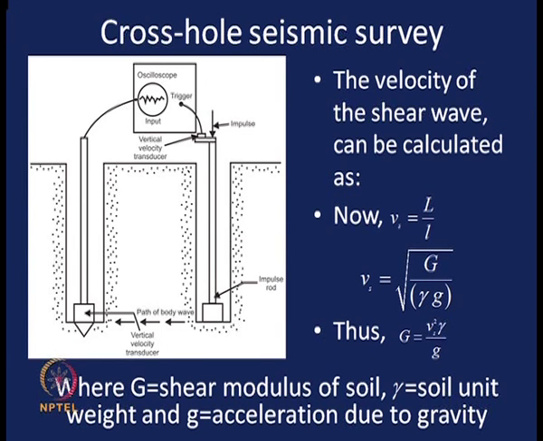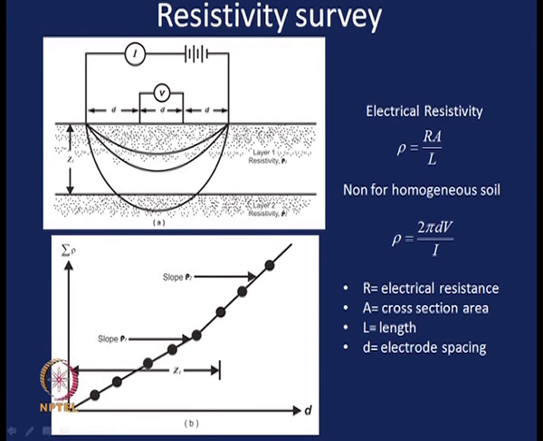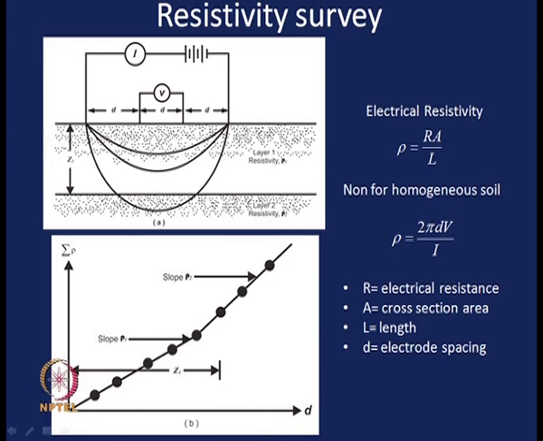So, next one is the resistivity surveying. The first one was the cross-hole seismic survey, where we can determine the shear modulus of the soil and the velocity of the shear wave within that particular layer. Now, the next one is another geophysical survey, where we can use the electrical resistivity.